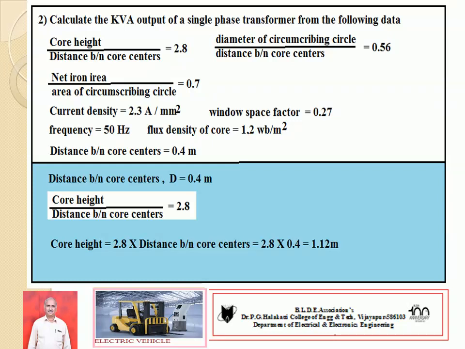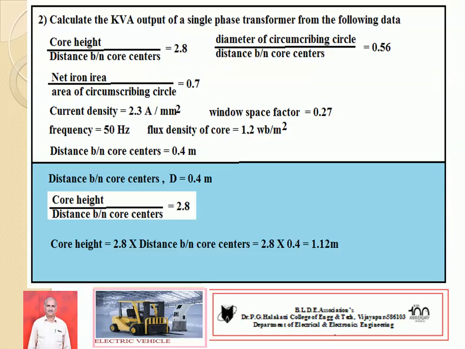Distance between core centers, that is capital D equal to 0.4 meter. Current density symbol, frequency f equal to 50 Hz. Flux density Bm equal to 1.2 Webers per meter square. Window space factor, that is Kw equal to 0.27. Then you see what data is given.